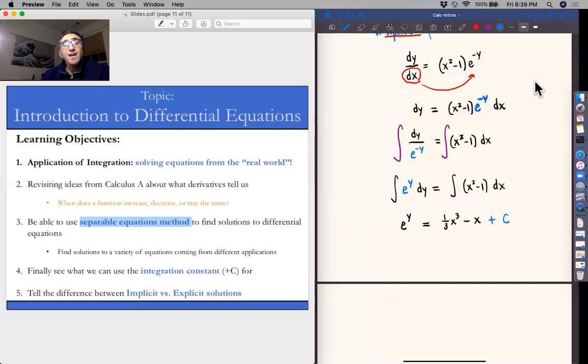So let's go ahead and try to solve for y by itself on the left side. And remember, whatever we do to one side of the equation, we get to do to both sides of the equation. So how can we get that y by itself? Well, the first thing we could do, I'm just going to copy this line down again, is take the natural log of both sides of this equation.